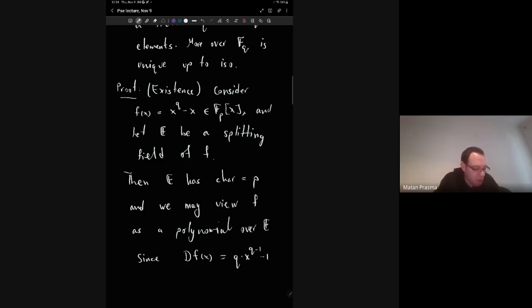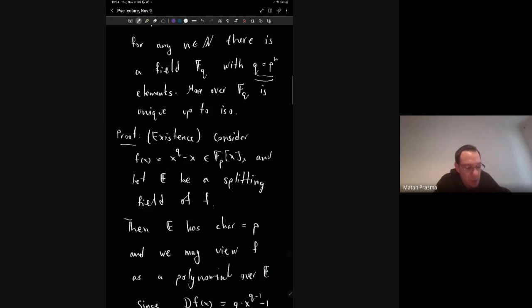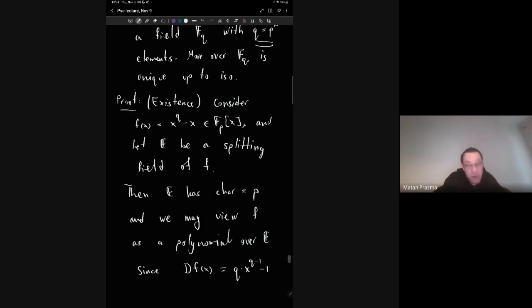But q is a power of p, and therefore q is equal to 0 in any field of characteristic p. So the derivative is minus 1. And since I know the derivative of f is simply a constant, it cannot have a common factor with f. So I know that f has no repeated roots.